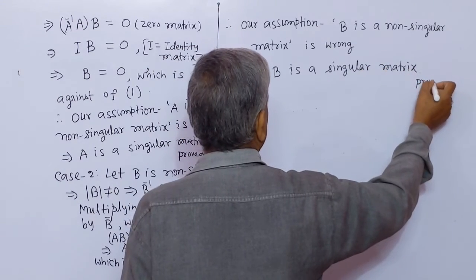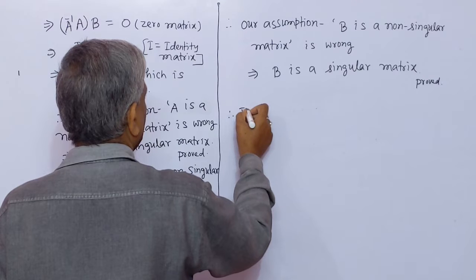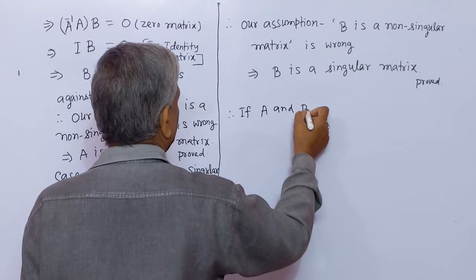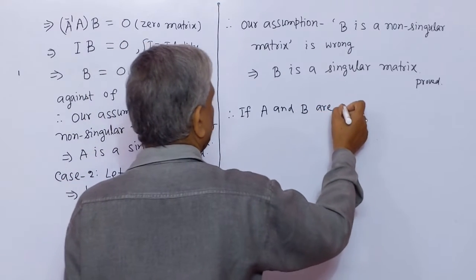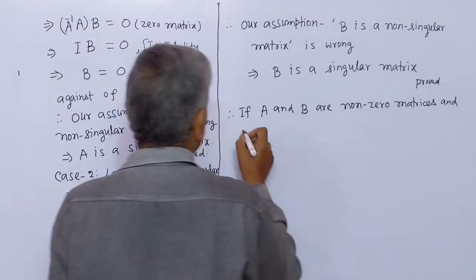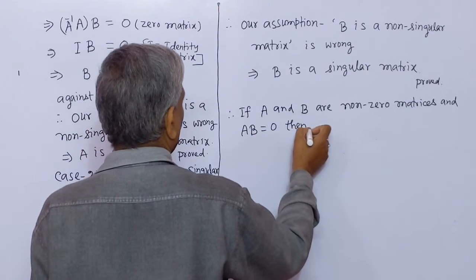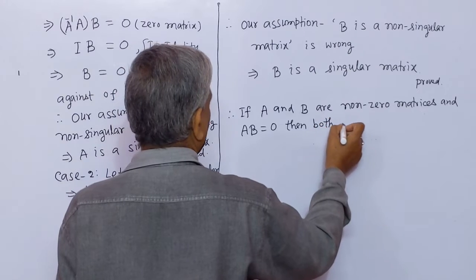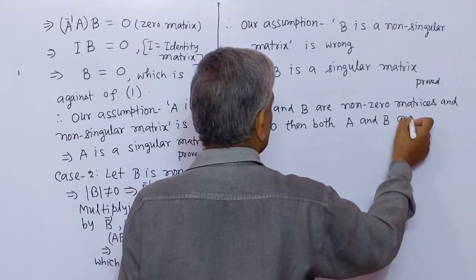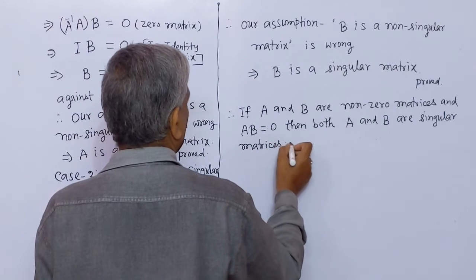Proved. Therefore, if A and B are non-zero matrices and AB equal to 0 matrix, then both A and B are singular matrices. Proved.